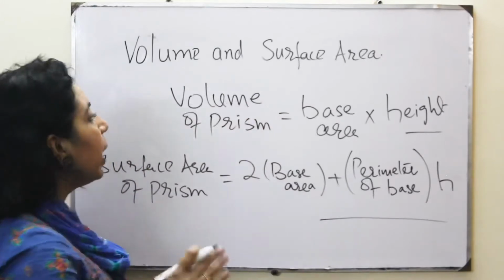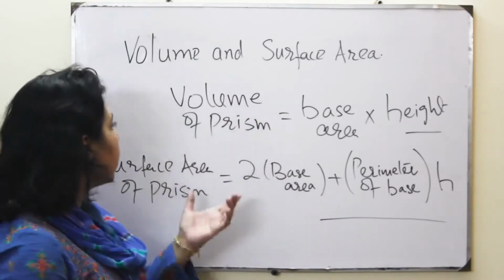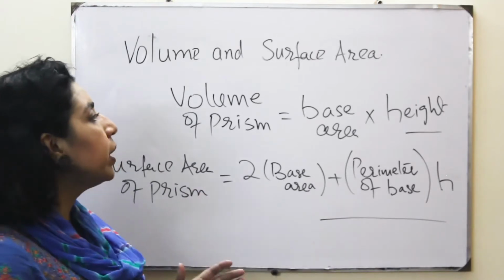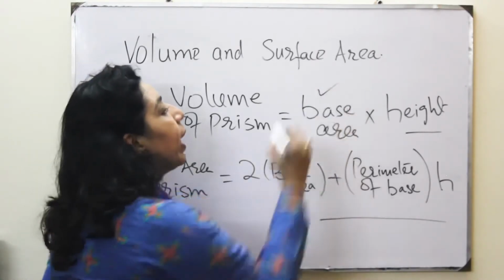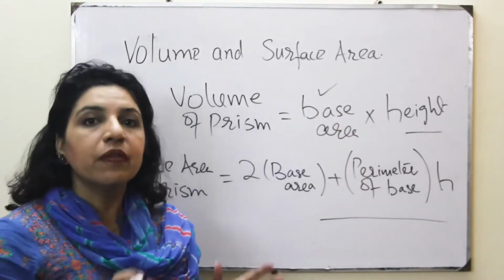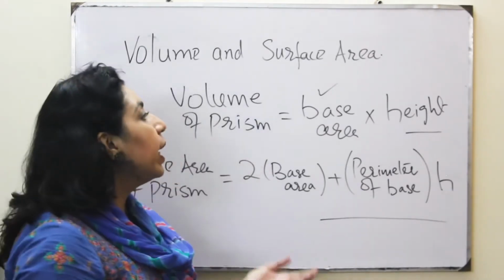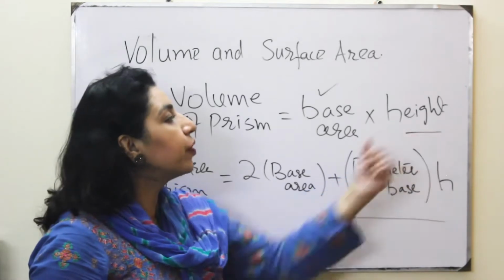So whenever we have to find the volume or the surface area of the prism, the most important thing is that you have to find which is the base, where the object is lying, and where is the height of the prism.